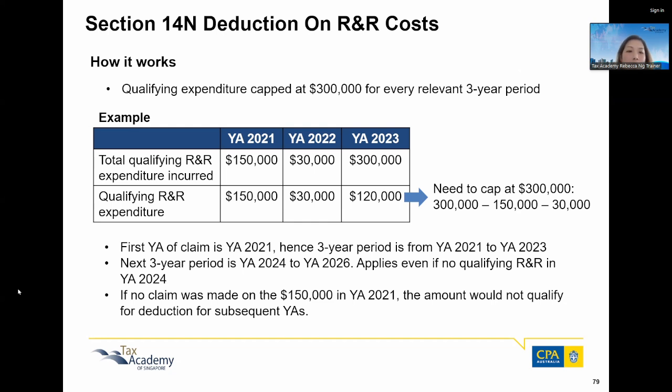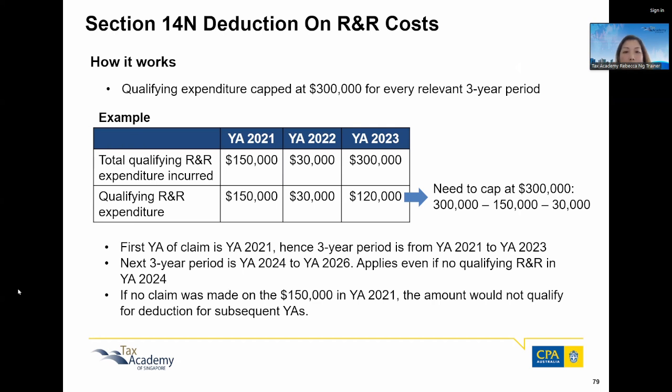So I have first identified the qualifying amount, and I know that for year of assessment 2021, I have 150,000. For 2022, I have 30,000. For 2023, I have incurred 300,000. These are qualifying amounts. Then we identify the 3-year period, because every 3 years my expenditure will be capped at 300,000.